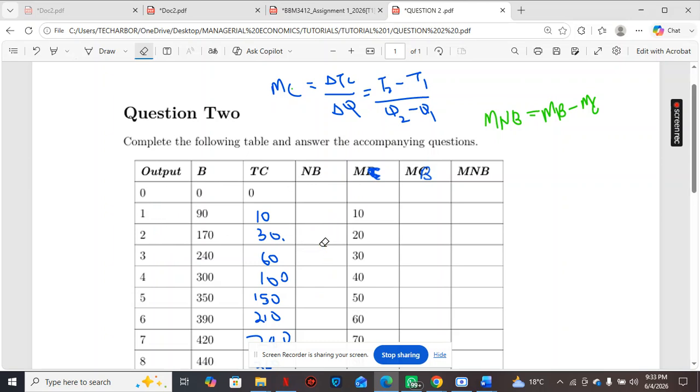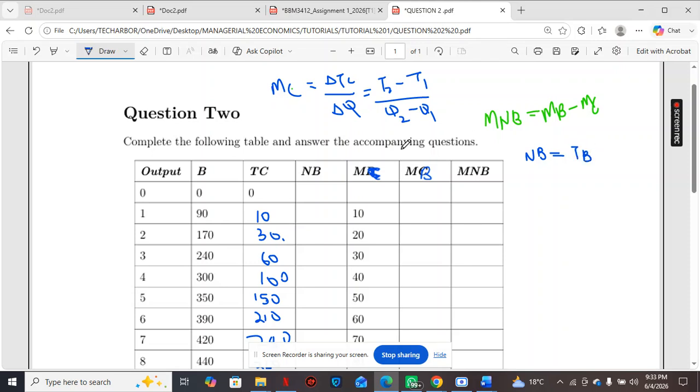Next, we need to get our net benefit. Net benefit, NB, is your total benefit, which is our B here, minus total cost. So we're just subtracting here: benefit minus total cost.